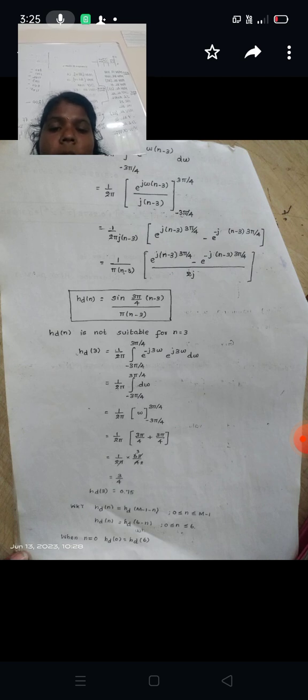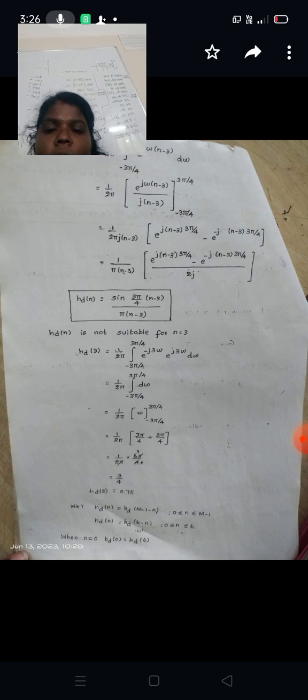Next, we know that hd of n is equal to hd of m minus 1 minus n, where m is the order of the filter. Here m is equal to 7, so therefore hd of n is equal to hd of 6 minus n, and n lies between 0 to m minus 1, so 0 to 7 minus 1, therefore 0 to 6.